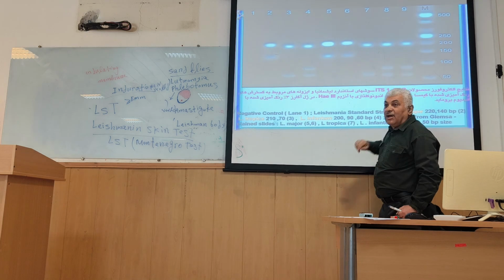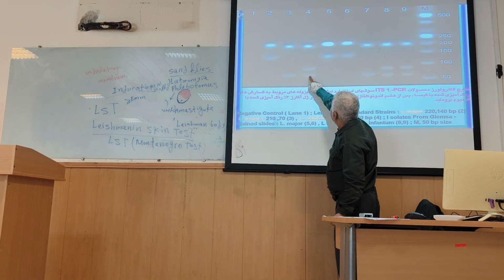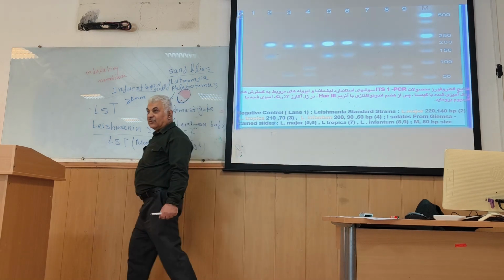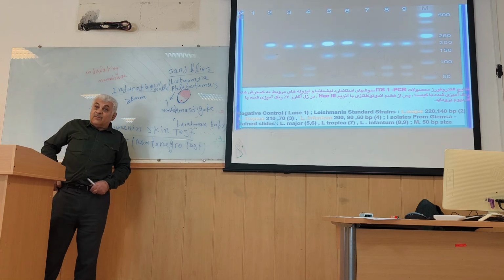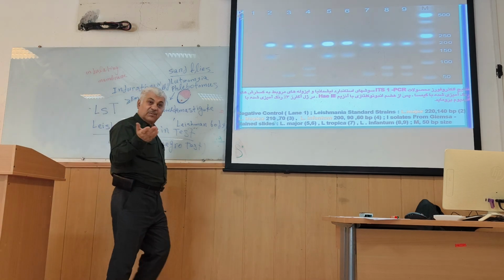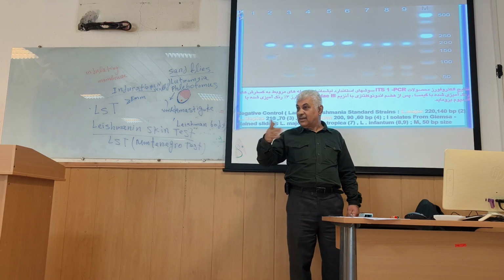And 8 and 9 are Leishmania infantum, because the lane is similar to 4, the positive Leishmania infantum. So we can use PCR for the diagnosis and for Leishmania species identification, because the treatment and duration of treatment in different Leishmania species is different.